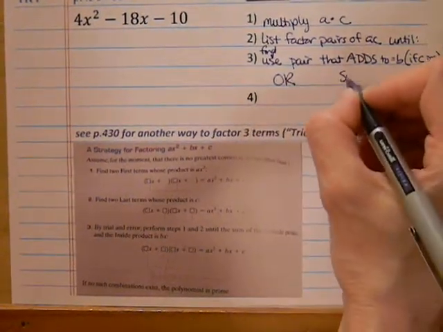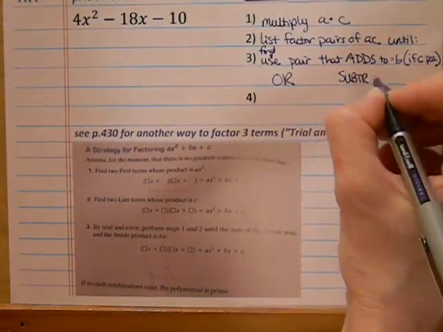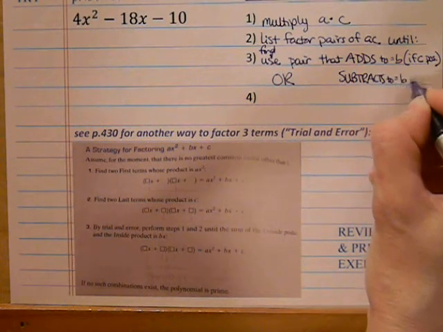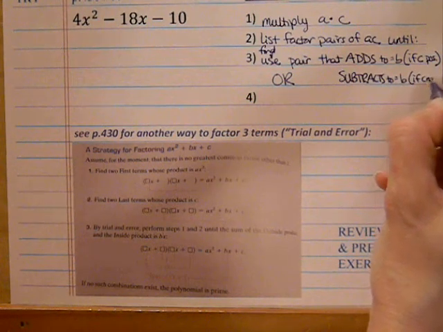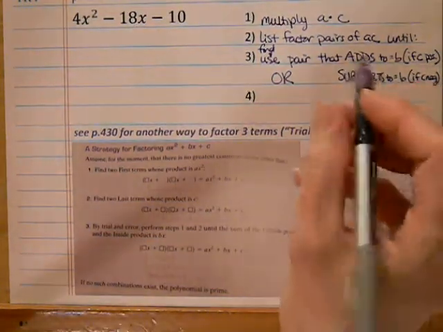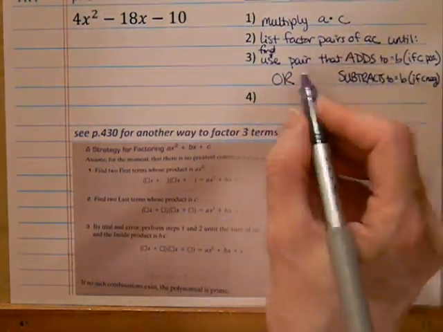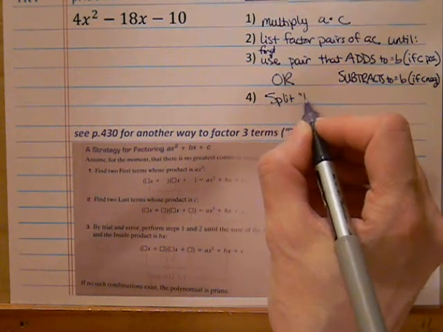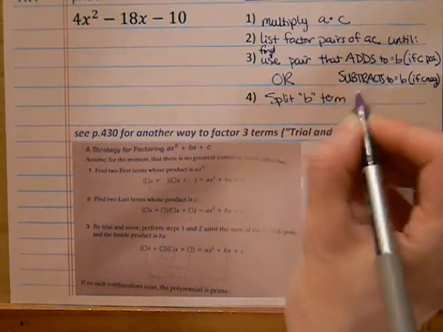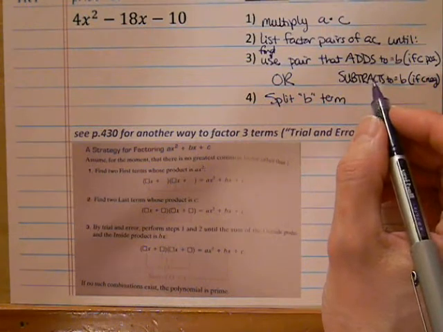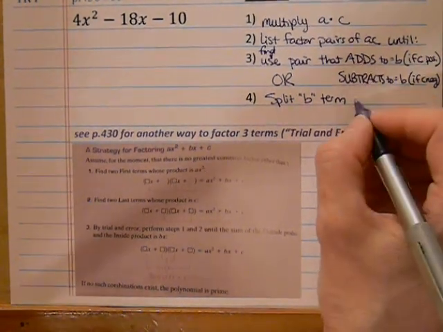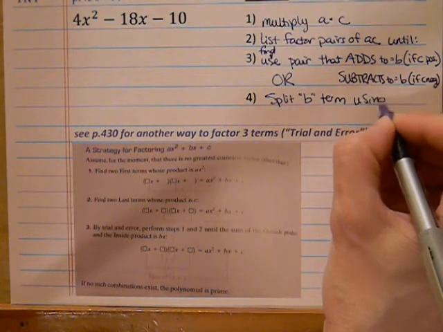Or we find and use a pair that subtracts to equal our B value, and that's if C is negative. And then once we find that strategic pair, we'll go ahead and split the B term in the original problem, that middle piece, back into its original O and I, its outside and inside pieces, using that pair.